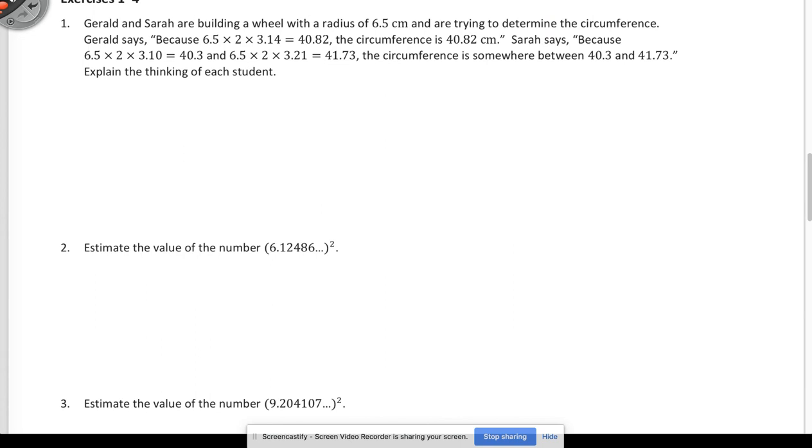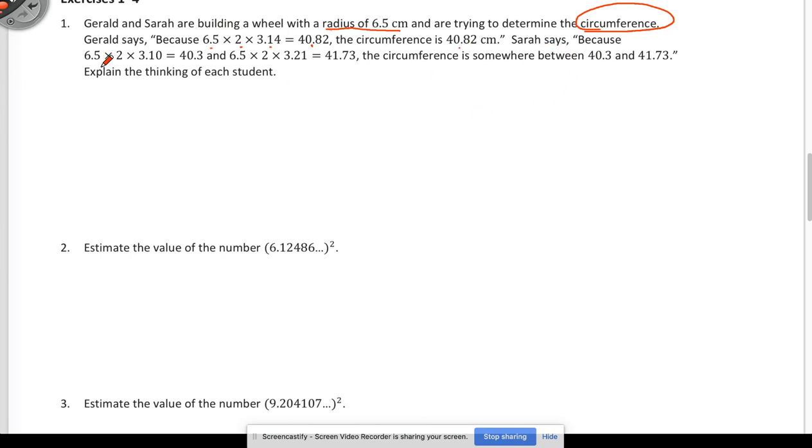Gerald and Sarah are building a wheel with a radius of 6.5 centimeters and are trying to determine its circumference. That means all the way around. Gerald says because 6.5 times 2 times 3.14 is this, their circumference is 40.82.